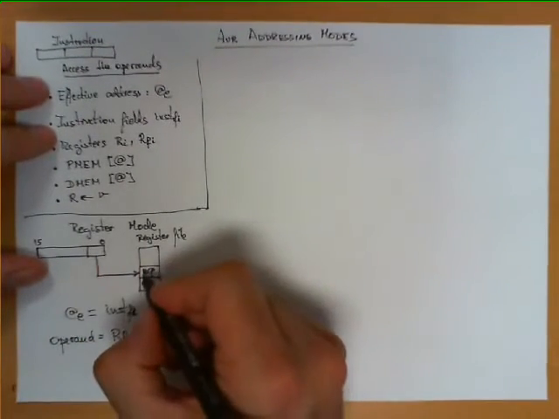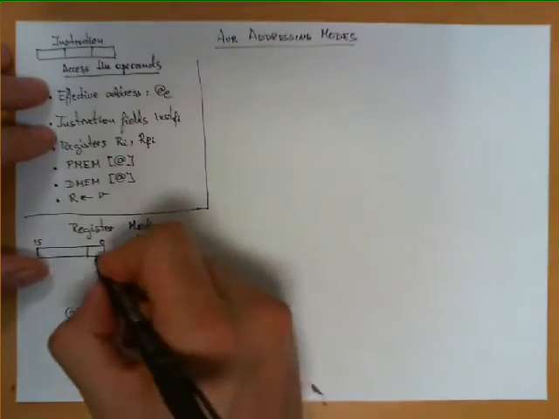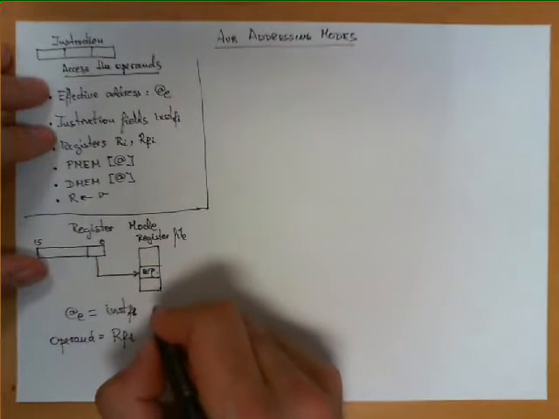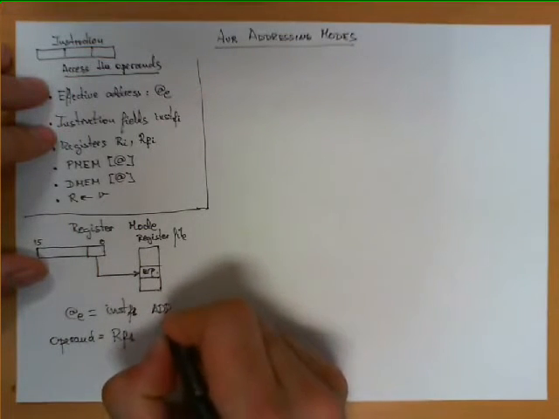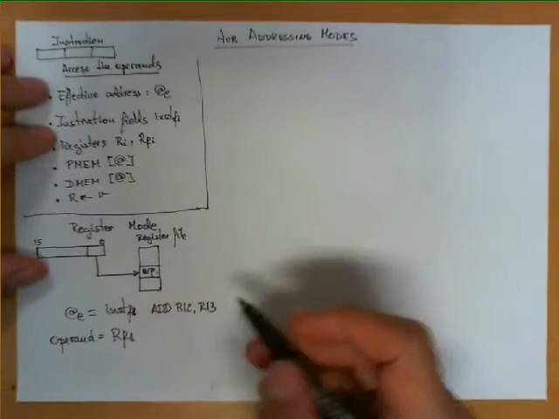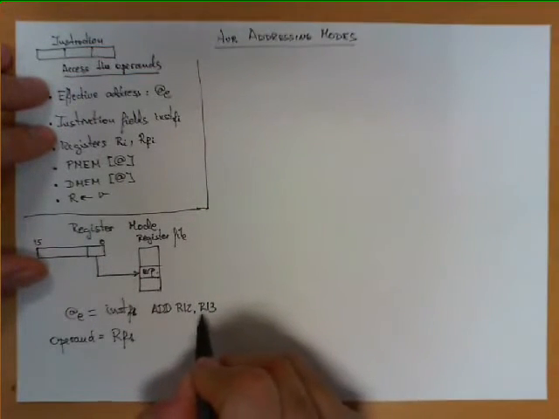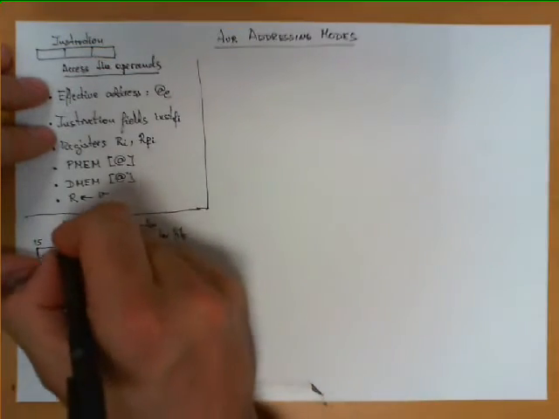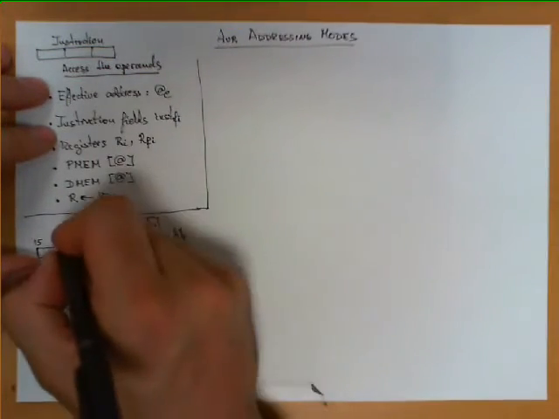In other words, the register, the index of which is encoded in this field. An example of this addressing mode, very easy. For example, this instruction R12 R13 has two operands, and both of them are using the register mode addressing mode. And again, this is the simplest one.